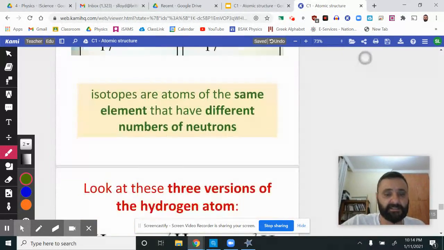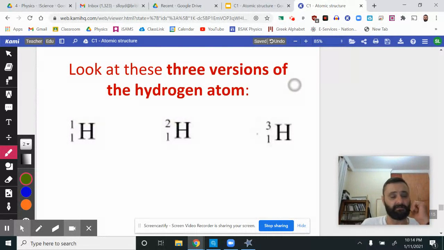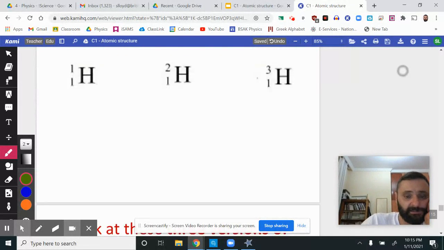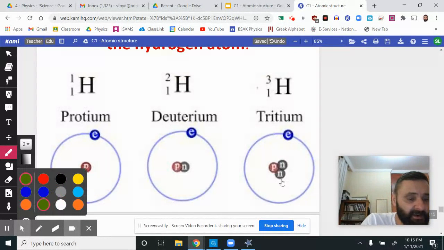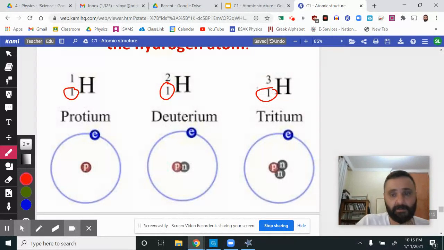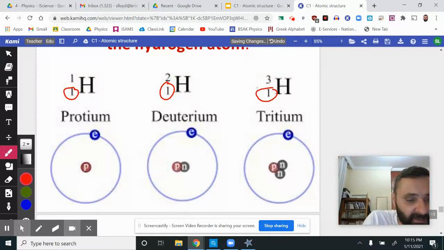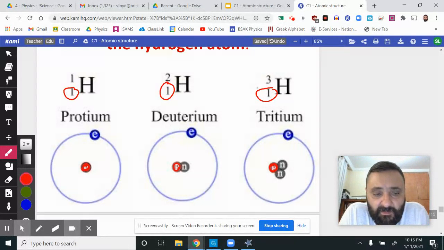We looked at this example as well, didn't we? 3 different isotopes of hydrogen. Again, it's all about the neutron. Each of these 3 isotopes has an atomic number of 1, so each has 1 positive proton in the nucleus.